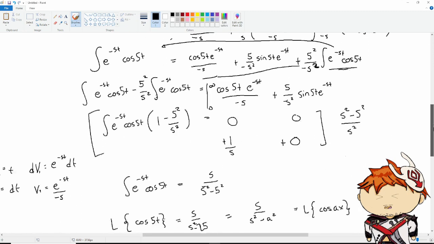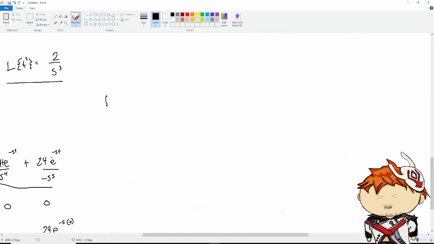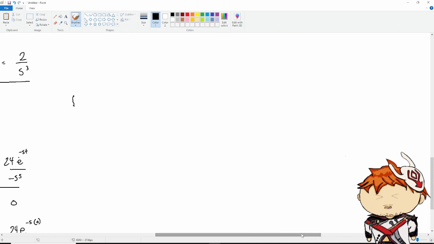But what is the shortcut method? If you search the internet for Laplace transform, there are formulas. For example, the Laplace transform of t to the 9 becomes 9 factorial over s to the 10.